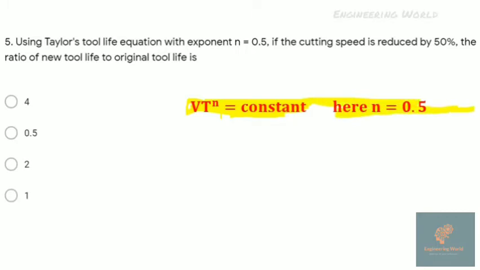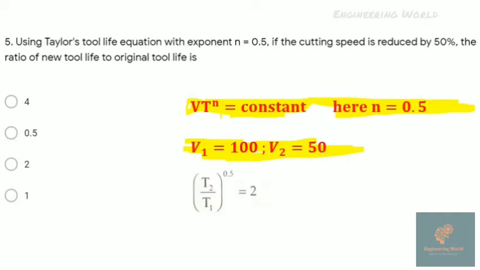Let V1 be 100, so V2 is 50 as reduced by 50%. Then from the given condition, we get (T2/T1) raised to 0.5 is equal to 2. Putting values in the equation, we get the ratio T2 upon T1 is equal to 4.